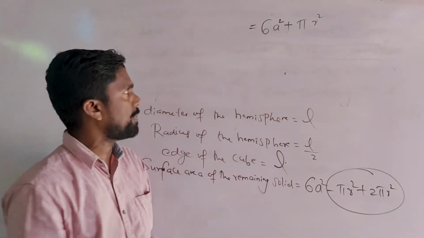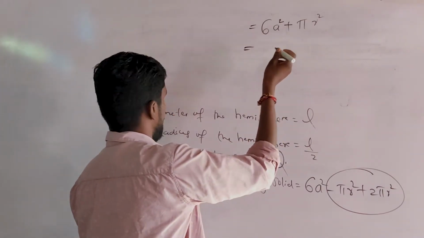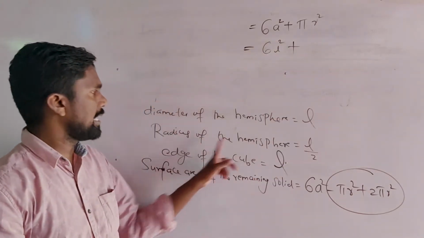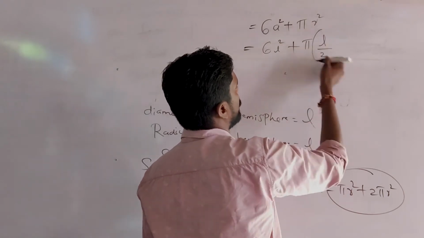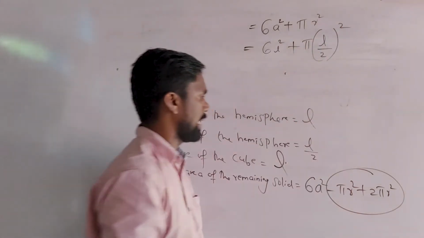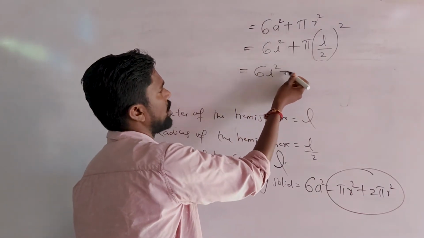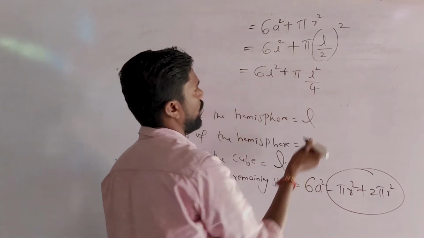6a square plus pi r square: 6a square means 6l square, since the edge is L, and the radius is L by 2. So pi into L by 2 whole square. That is equal to 6l square plus pi l square by 4.